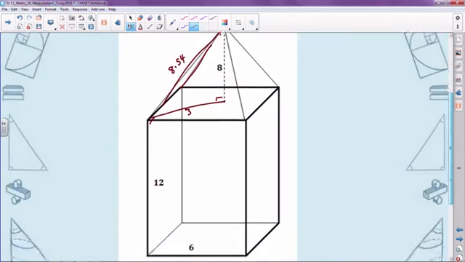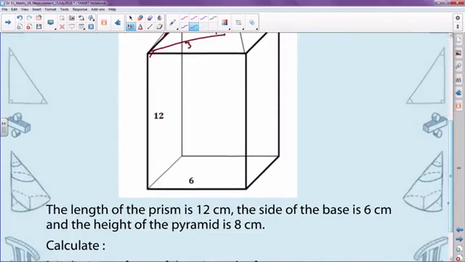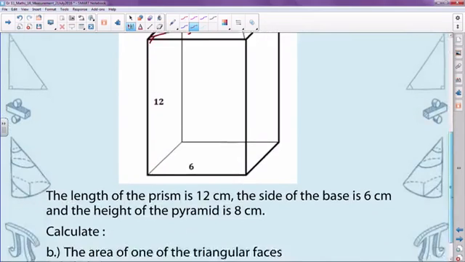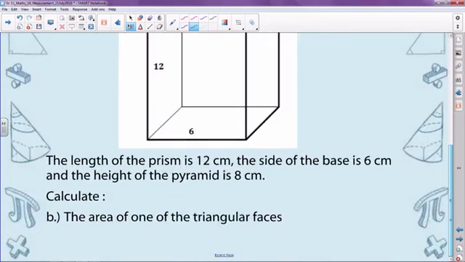So can you please work out the area of the triangular faces? And take 2 minutes again, guys. Work and find the area of those triangular faces. Let's quickly do that.